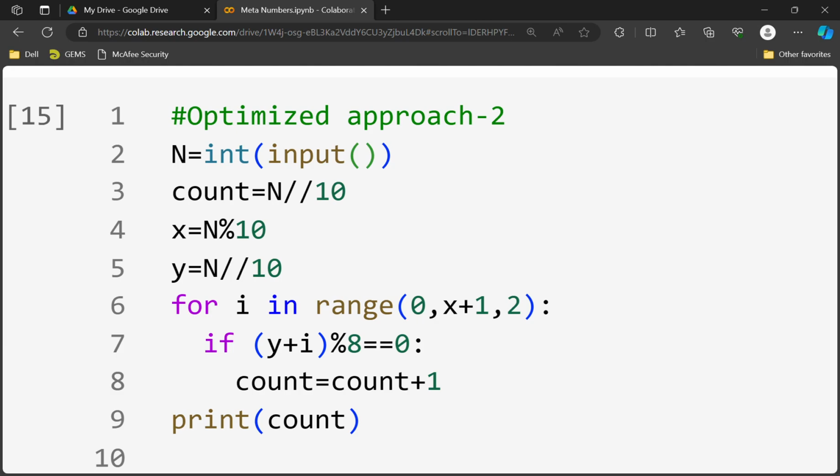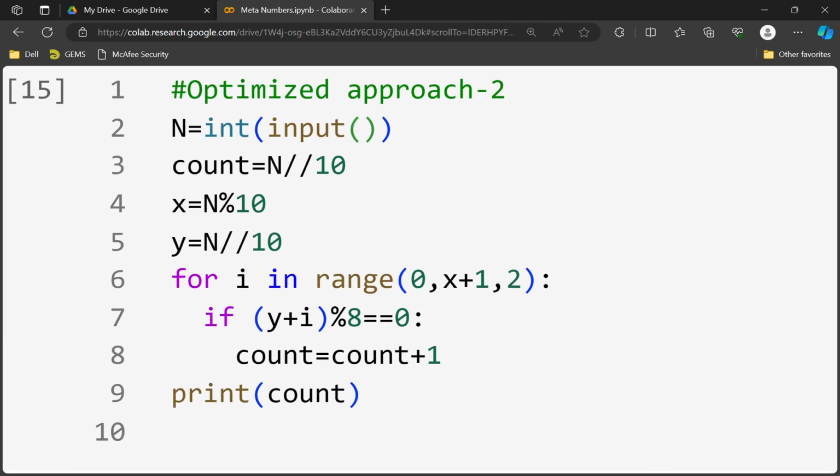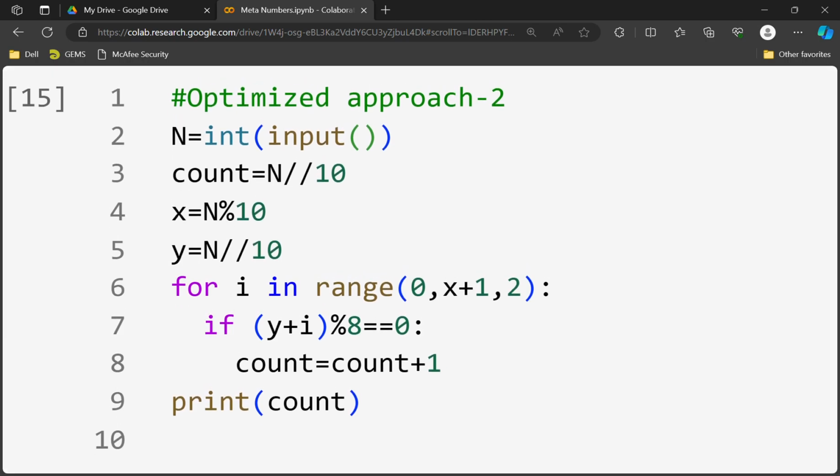N is read. Then one observation I made here is, for example, in the range 1 to 10, definitely there will be one number that is divisible by 8. From 10 to 20, there is one number divisible by 8. From 20 to 30, there will be one number.